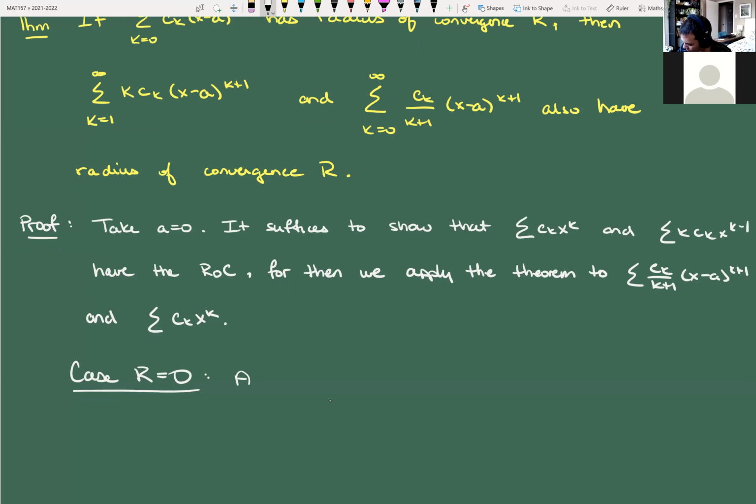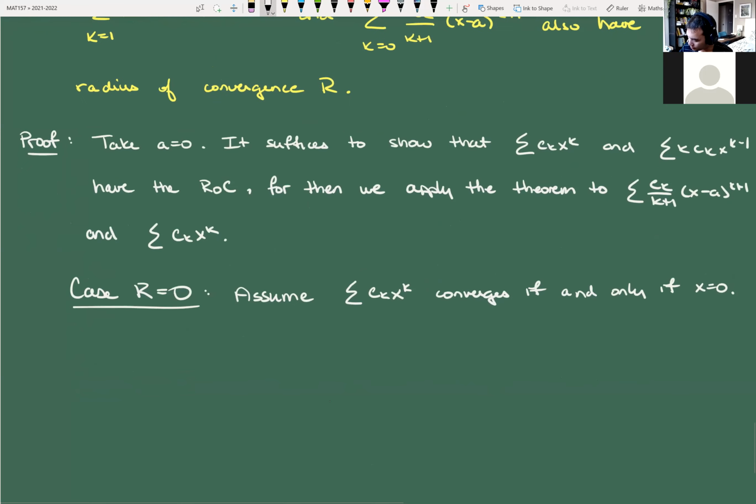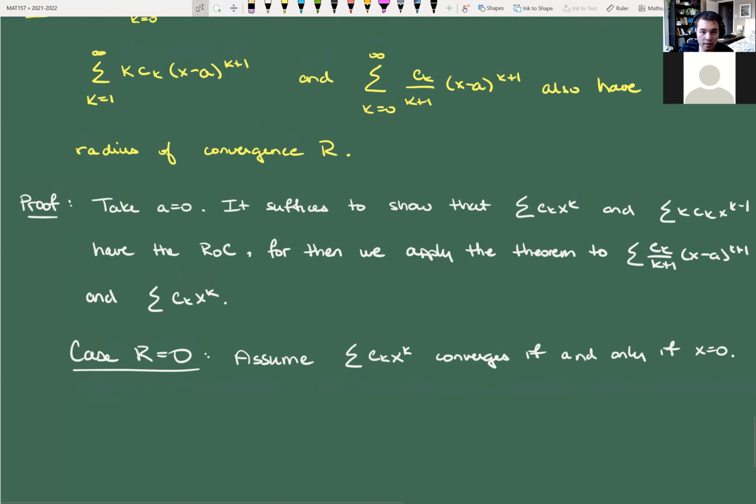So assume, right, that's what r equals 0 means, that the sum of c_k x^k converges if and only if x equals 0.